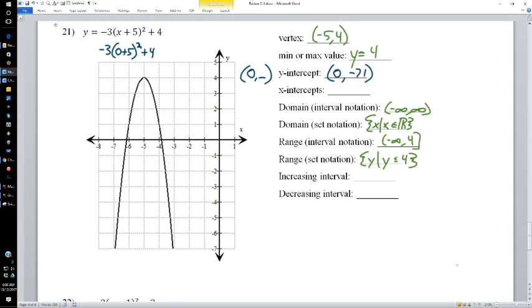Your x-intercept, a little more involved. Alright, you can't really see exactly where they're at, so they're probably either fractions or rationals or something along those lines. So again, that's c plus or minus the square root of negative d over a, divided by b, comma 0.